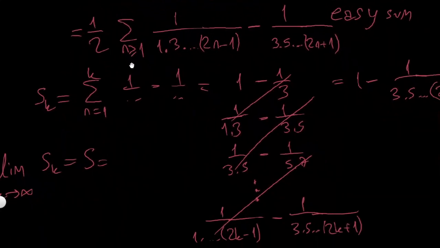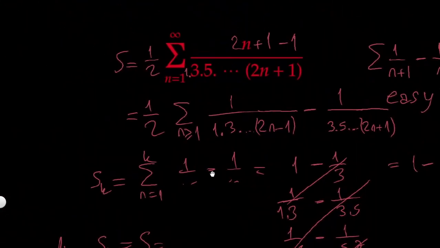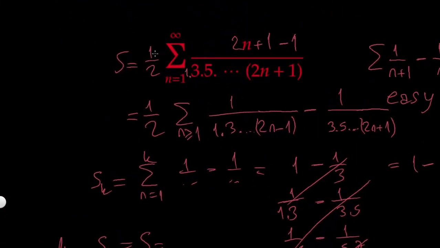But here I also multiplied and divided by 2, so my actual goal was to calculate 2s. I will keep that in mind at the next step. Or let's just say this is s over 2, because I actually divided my sum by 2.